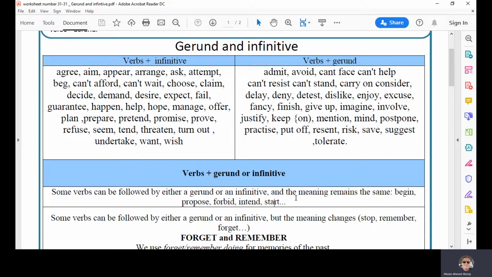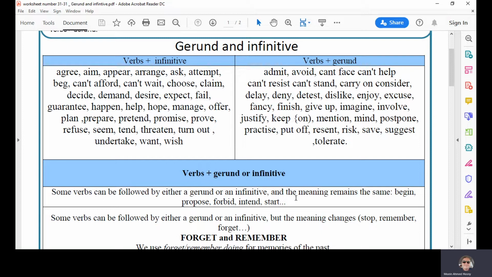I remember inviting Hassan here: I invited him, I have invited him, and I remember this action now. I remember that I did this. But I remember to invite Hassan here: I did not invite him, and I remember that I have to do this now.